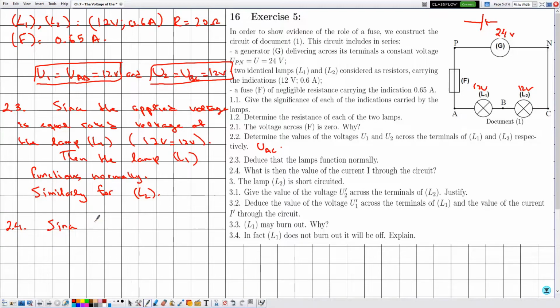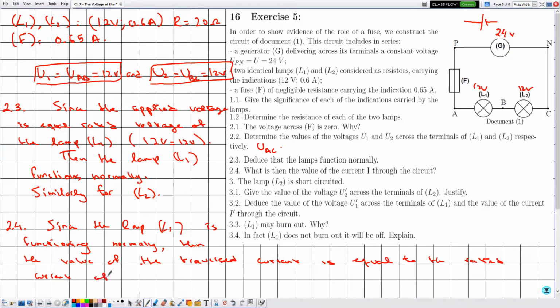Since the lamp L1 is functioning normally, then the value of the traversed current is equal to the rated current of the lamp L1.